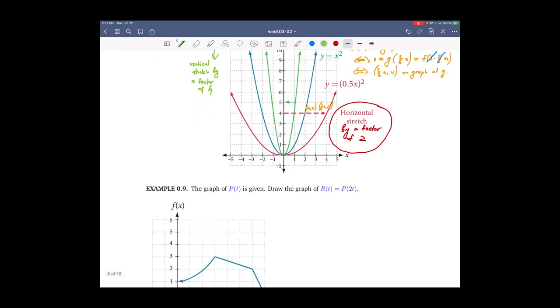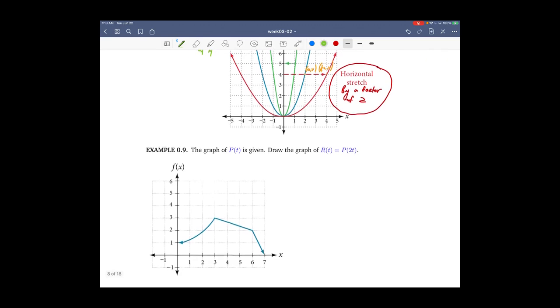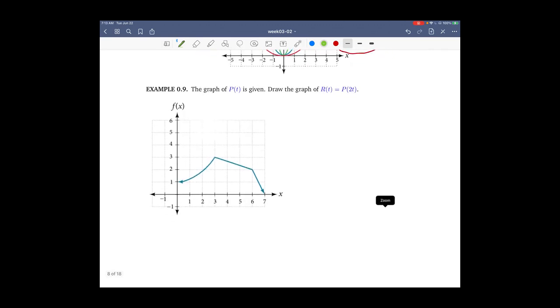Let us look at an example. We have the graph of P drawn here, and we want to produce the graph of R, which is P of 2t.